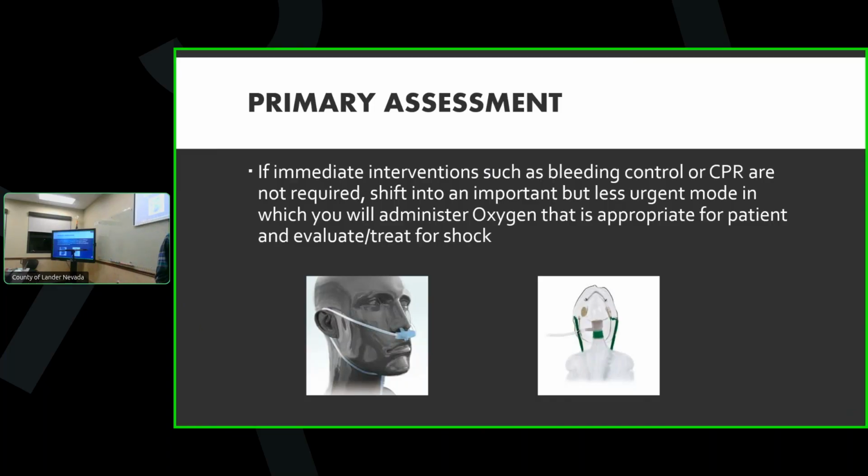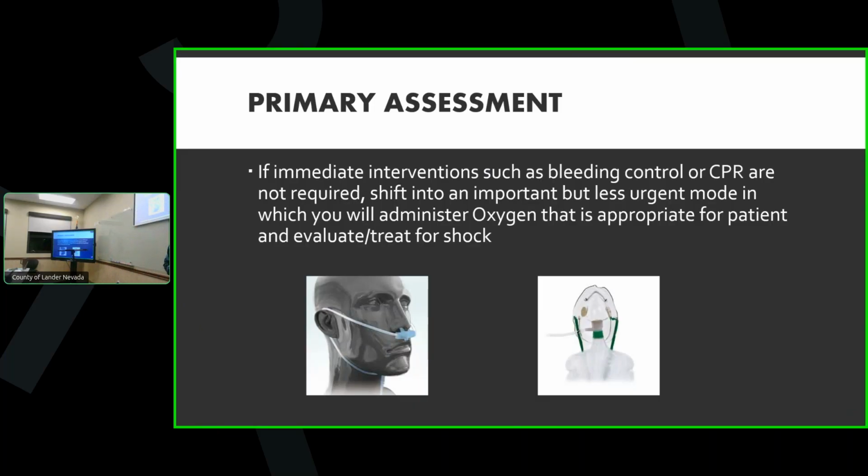I go in my airway and I say, hey, buddy, what's going on today? And as I walk up, whether they're talking to me or not, I'm going to toss a pulse ox on their finger. This is where that should be done. Even though on that sheet the vitals are more towards the bottom, I'm going to put a pulse ox on because I want a baseline. If I put oxygen on somebody, I want to see their oxygen saturation before I put the oxygen on.